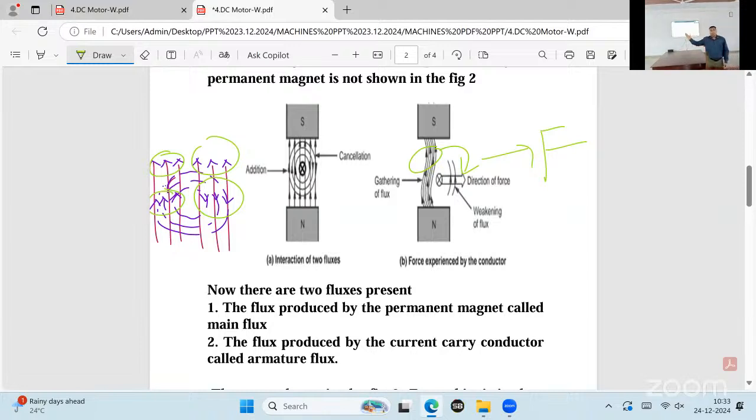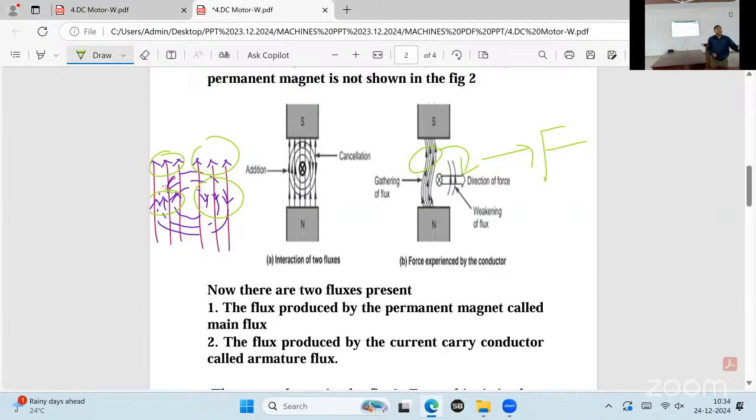Why do we get very weak flux on the right side? Armature flux and main flux are opposite to each other and cancel each other, so the right side has very low, negligible flux. On the left side, why do we get more flux?